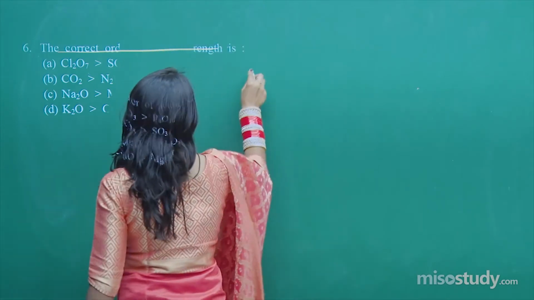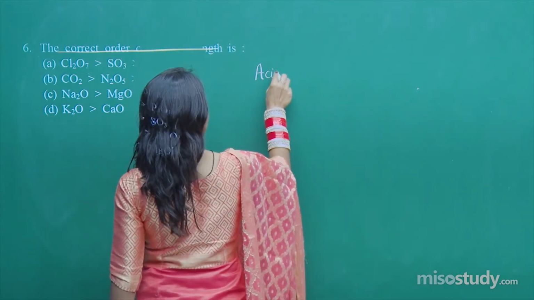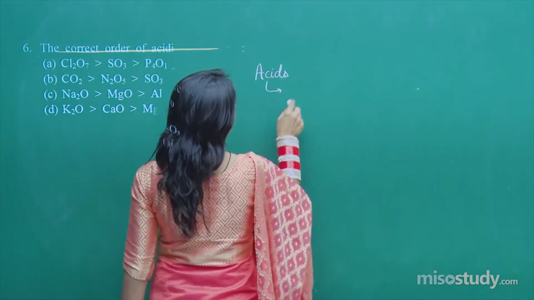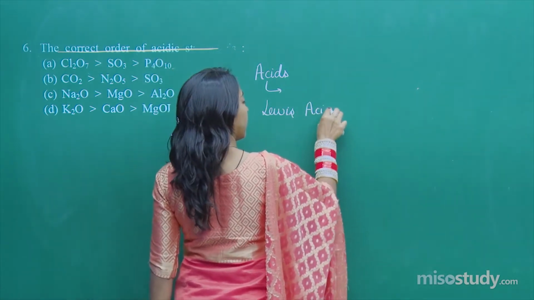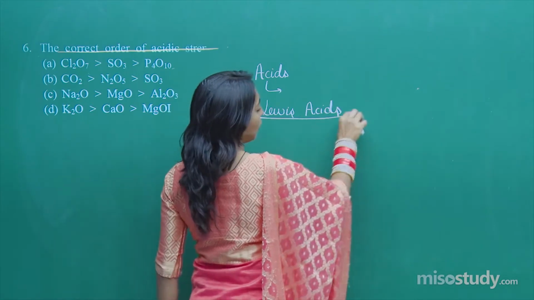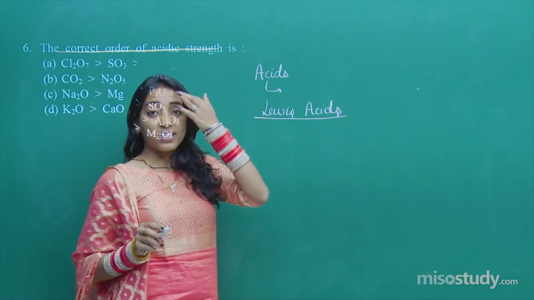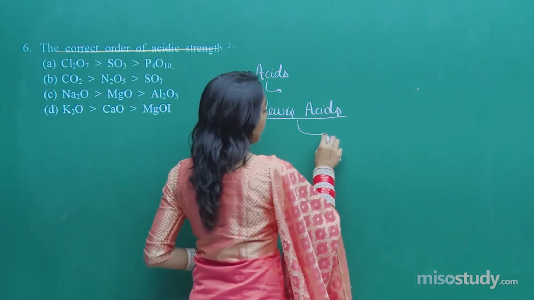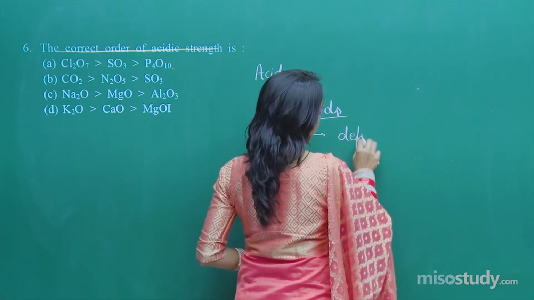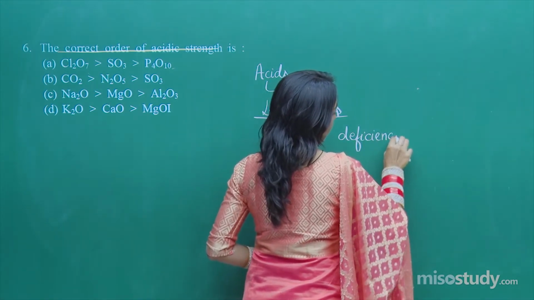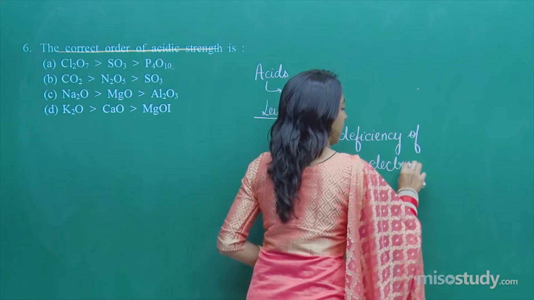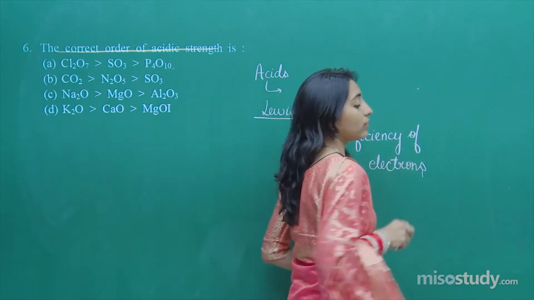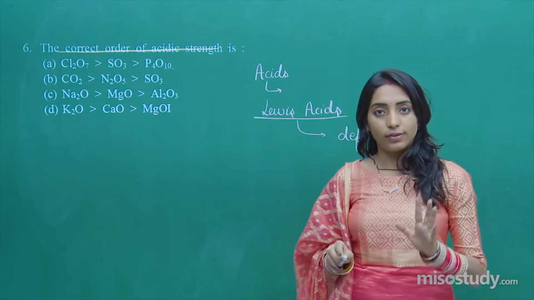So when I talk about acids, I can be talking about Lewis acids. And you know the definition of Lewis acids, right? Lewis acids are the ones which are having deficiency of electrons. So if there will be deficiency of electrons, then they could be termed as Lewis acids.